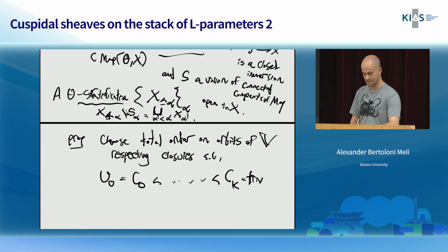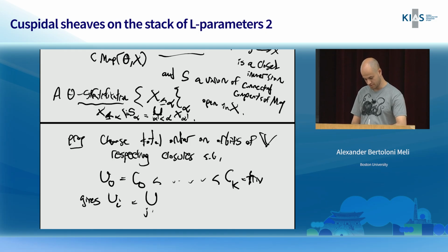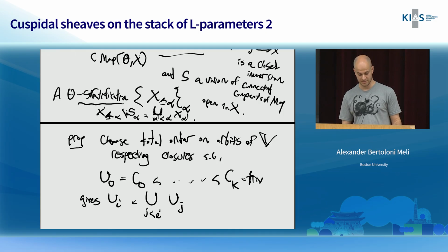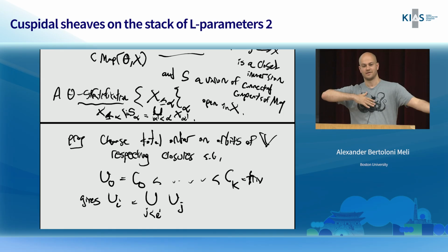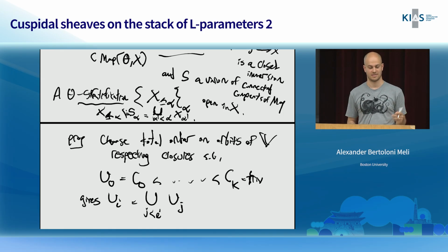So it's like a decreasing ordering. And then U sub I will be the union of U sub J for J less than I. So what we're constructing is some system of open substacks of the Vogan stack, where the smallest thing is the open orbit, and then we're adding on extra orbits as we go.